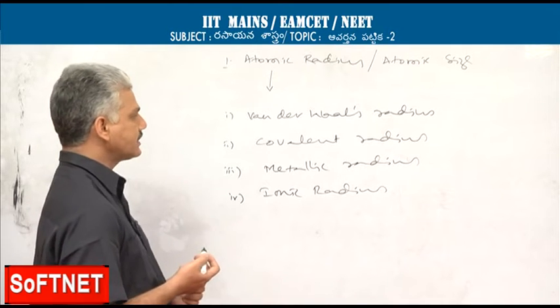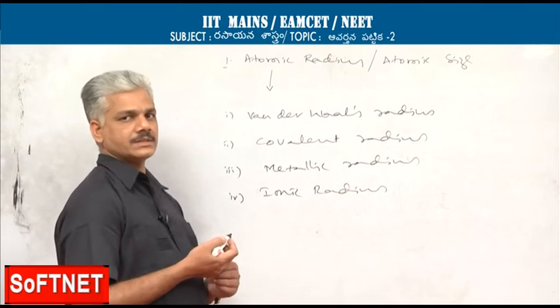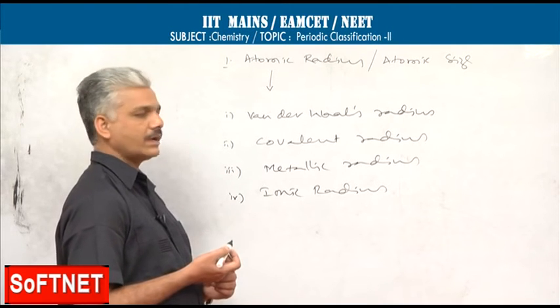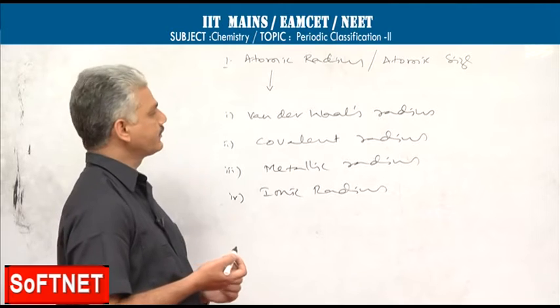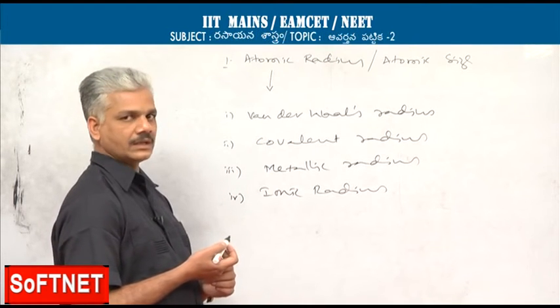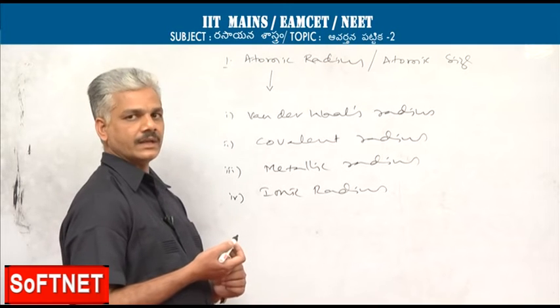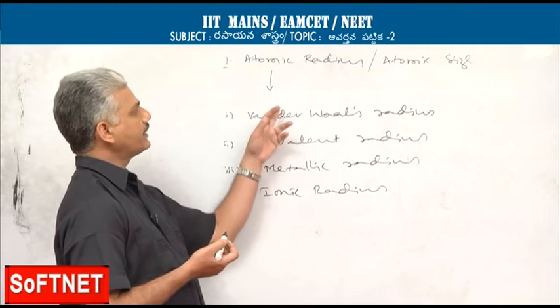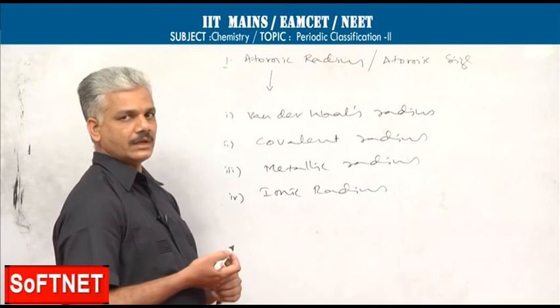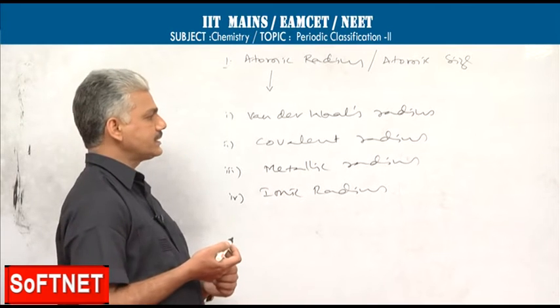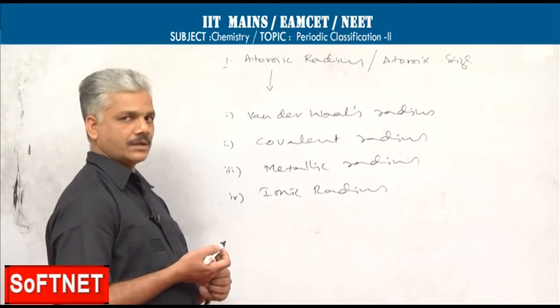It is taken as half the internuclear distance between two atoms bound by van der Waals forces of attraction. As the van der Waals forces of attraction are very weak, this radius value will be the largest and can generally be compared as equivalent to atomic radius. Coming to covalent radius, this is generally applicable for non-metals.